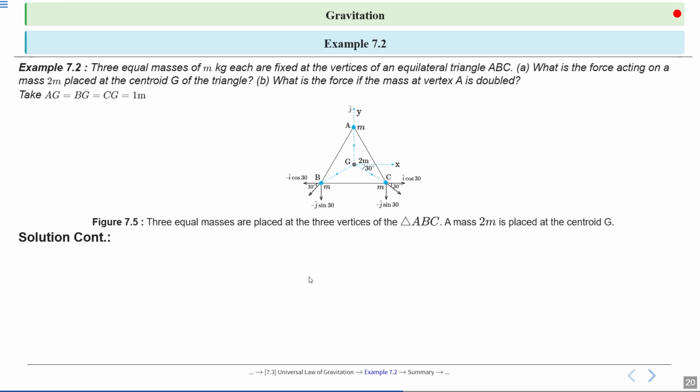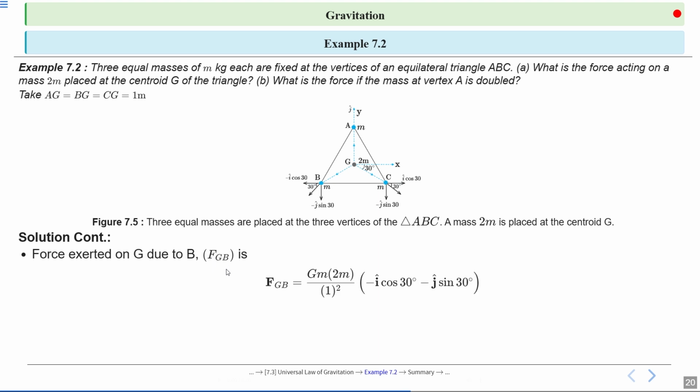Now force exerted on G due to B is FGB equal to G m 2m divided by 1 square into minus i cap cos 30 minus j cap sin 30 degree.